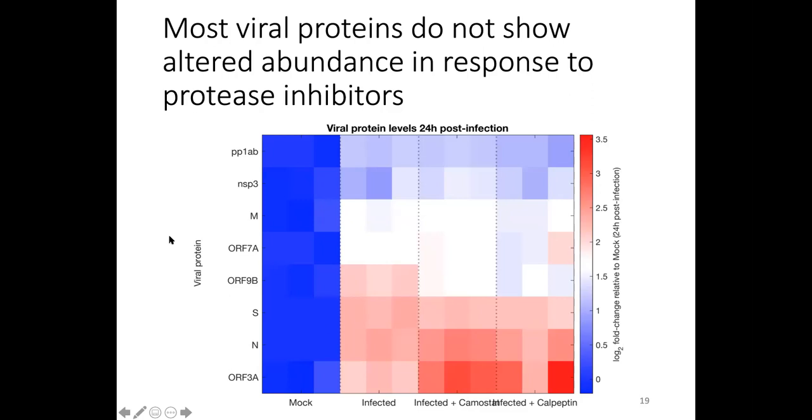We only saw altered abundance of ORF9b and ORF3a, which showed opposite patterns. In the presence of either camostat or calpeptin, we saw reduced abundance of ORF9b, whereas we actually saw increased abundance of ORF3a. And importantly, we didn't see significantly altered abundance of spike or the nucleocapsid protein.